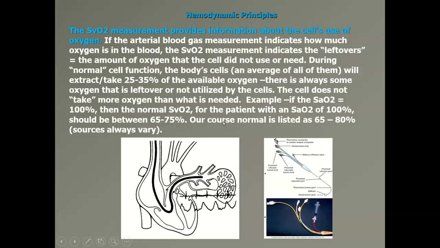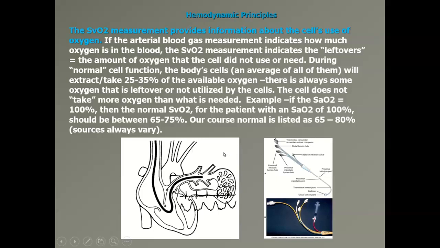If you consider that whatever is not extracted of oxygen from the arterial side, if we measure what's left over on the venous side, it tells us a lot about what's going on at the tissue level. Now, normally the cells of the body don't use more than about 25 to 35% of the oxygen available to them.